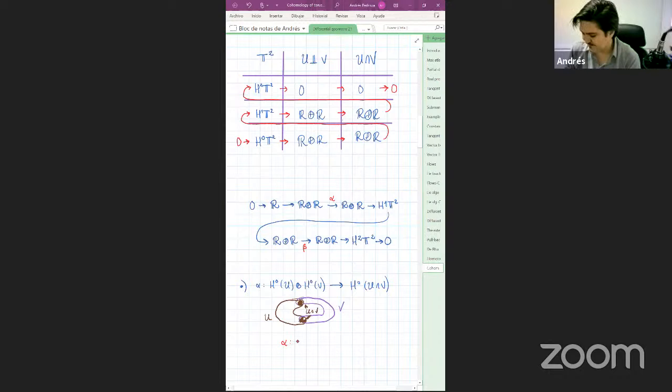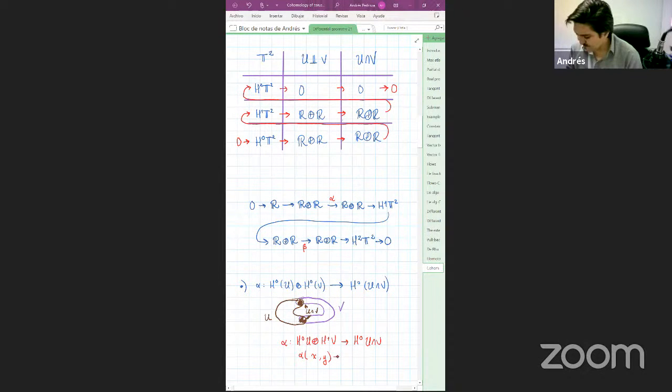So in general, you have alpha. It could be either functions or differential forms. X, a differential form on U, V, a differential form on V.